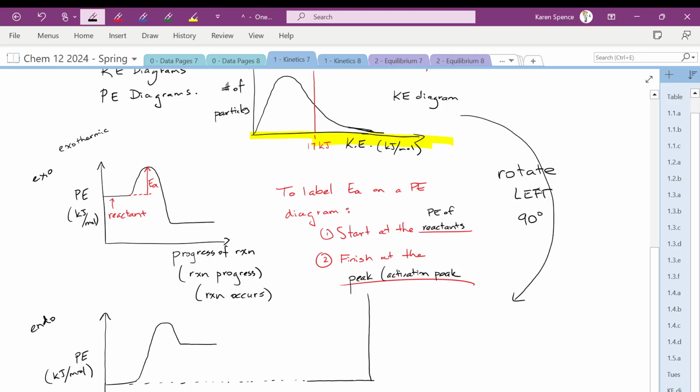So now what was the bottom is now the this away. Yes? So here we now have our kinetic energy. And I'm going to draw my curve. I haven't really left myself enough room, but that's okay. All right.